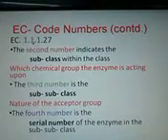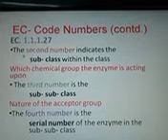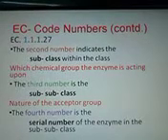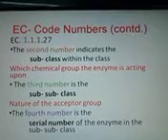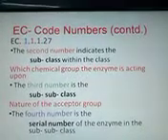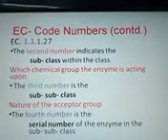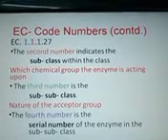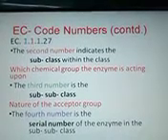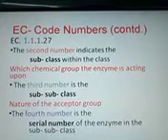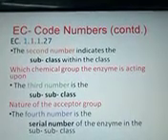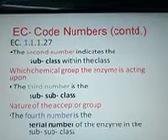Now, the second number. The second number indicates the subclass within the class. It tells which chemical group the enzyme is acting upon. Among the subclasses, there are various ones, whether acting on the CHOH group, the aldehyde group, or the CH group.